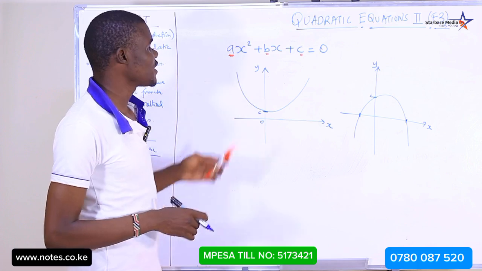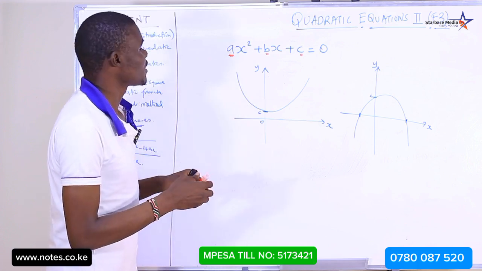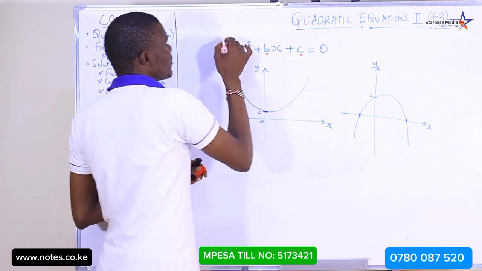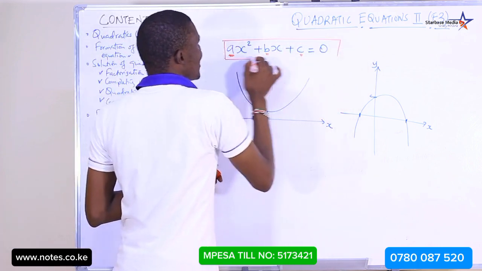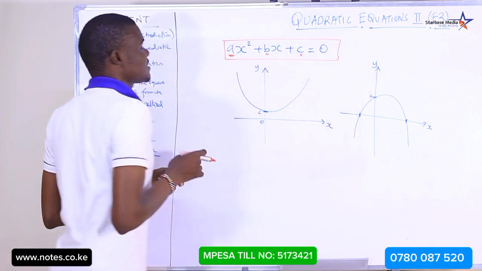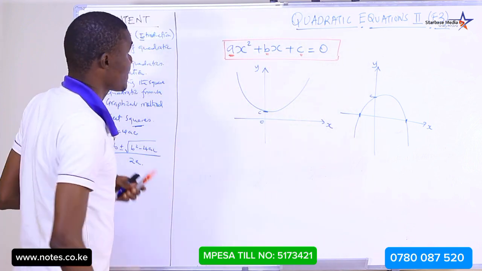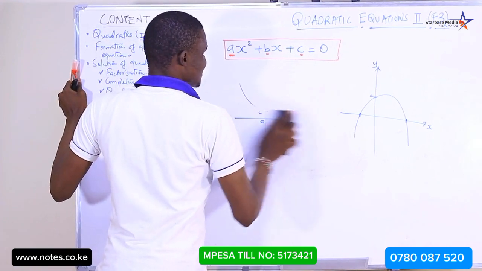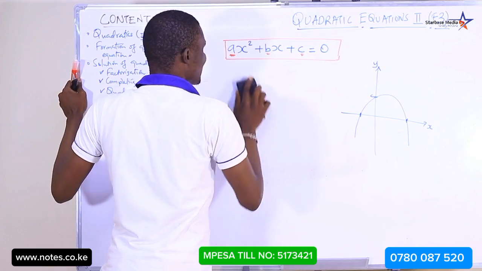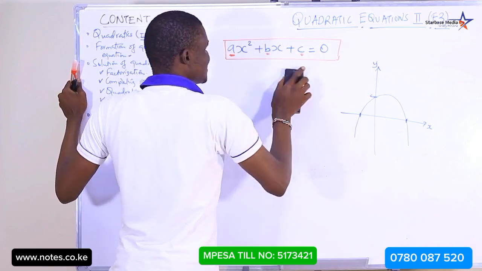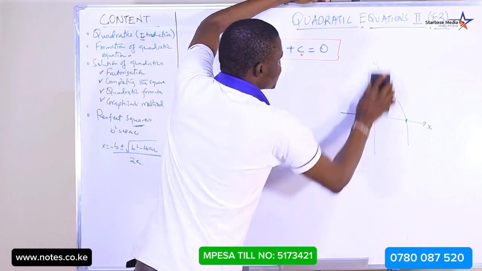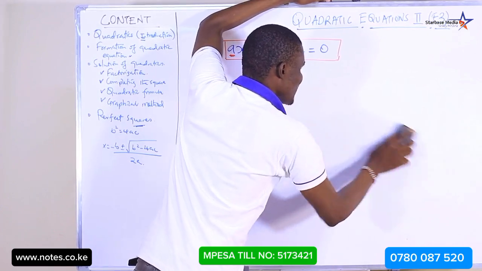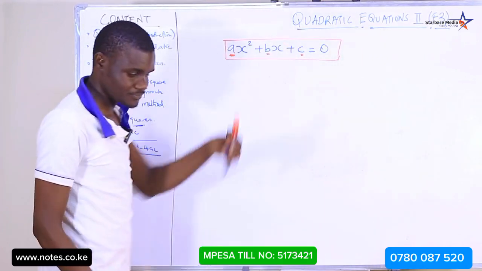As we agreed, quadratic equations are polynomial expressions of the second order, or rather of the second power. So they are normally expressed as ax squared plus bx plus c equals 0. And always remember that a, b, and c are normally the numbers that come before the unknown letters.